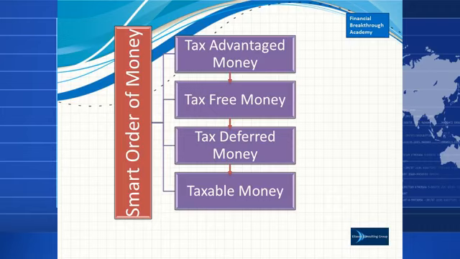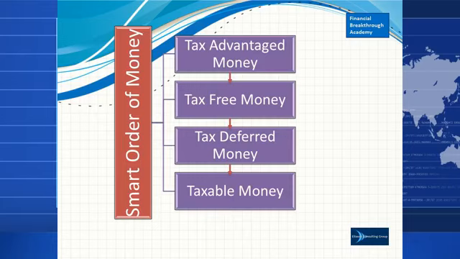On the top of the list is what we call the tax advantaged money. Now I'm going to go into details on each one of them, but as you see on the screen, first there is the tax advantaged money, then the tax free money, then you come down to the tax deferred money, and fourth is the taxable money.